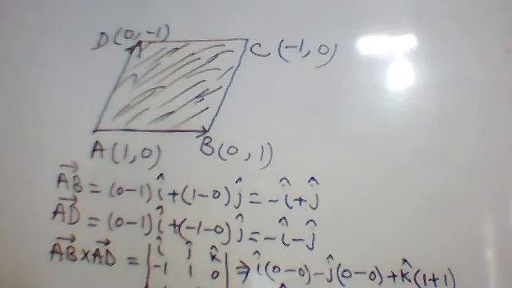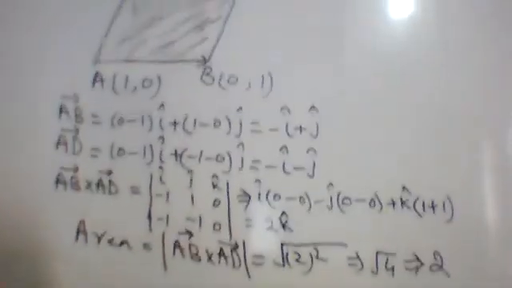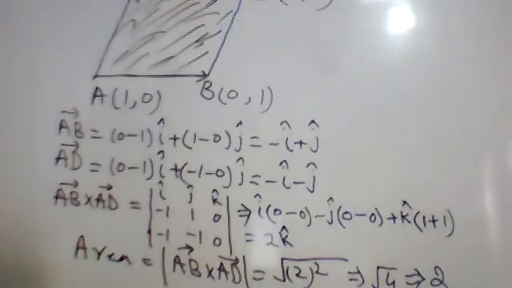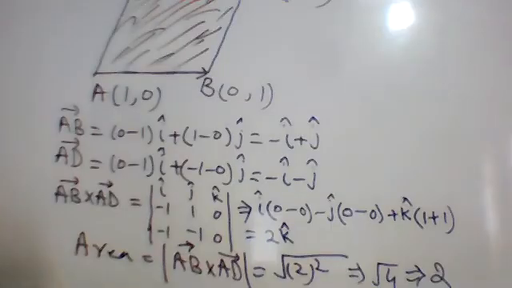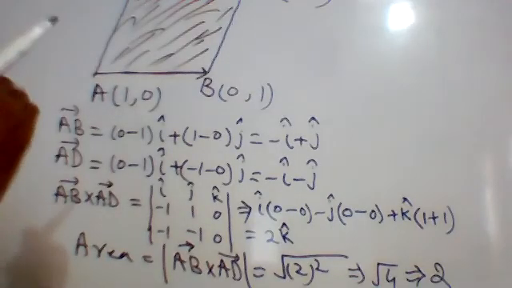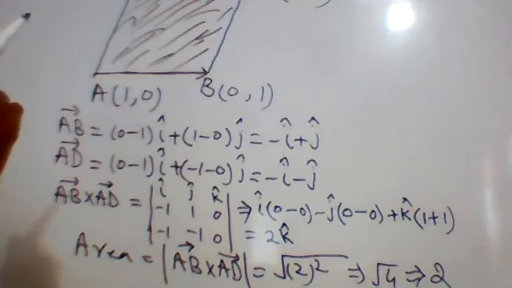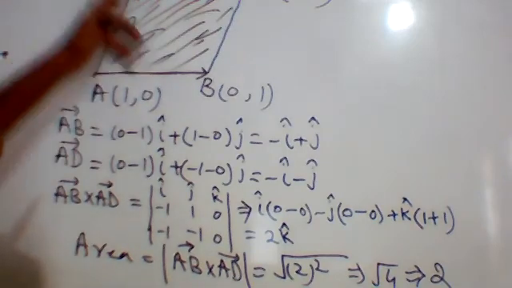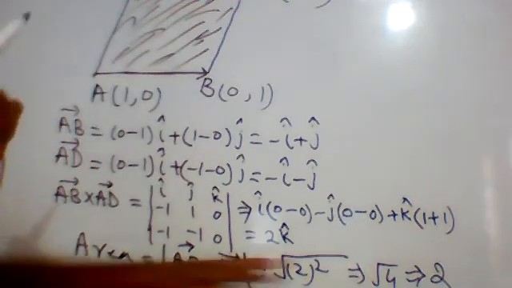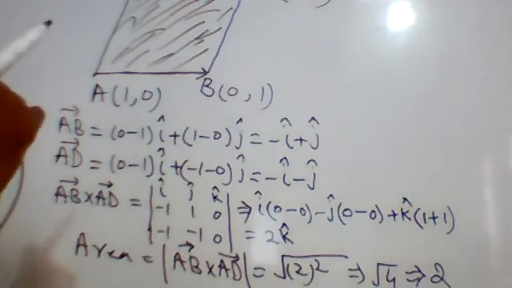In this way we will find the area of the parallelogram. If we find the area of the triangle, we will take half of this one. Half of 2 will be 1.